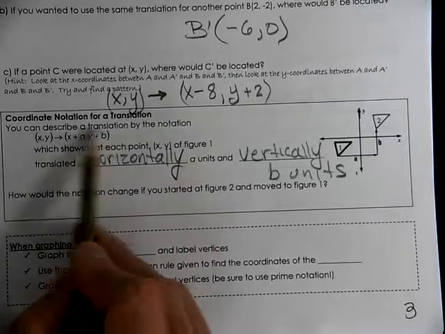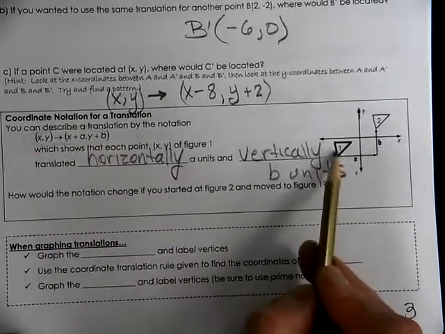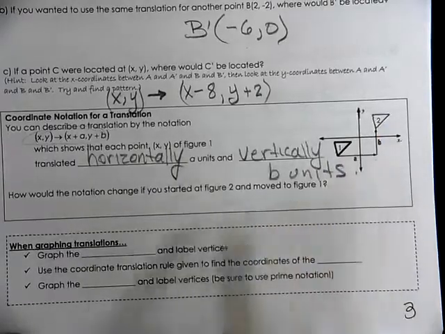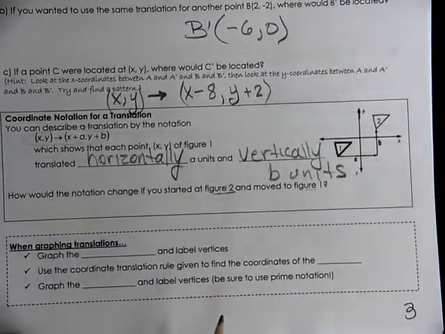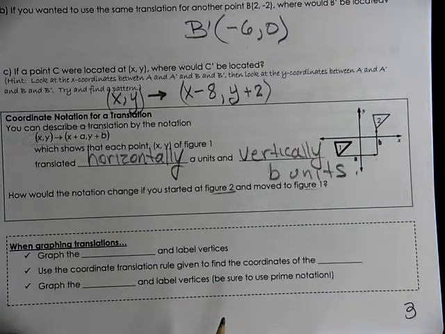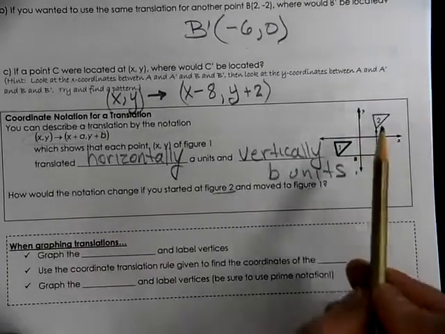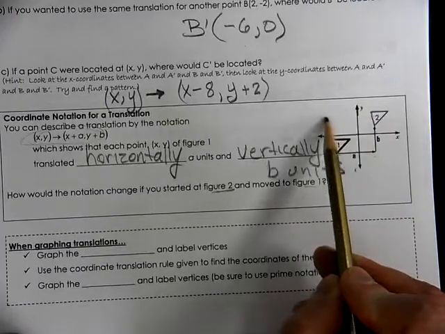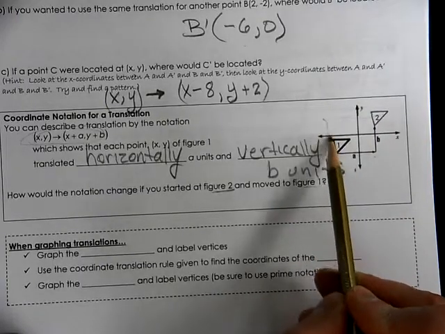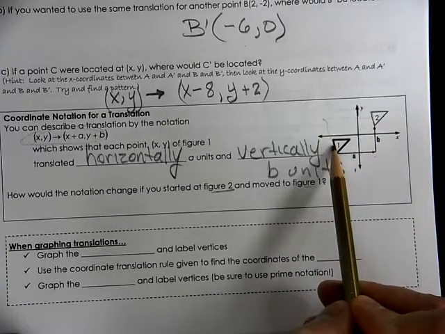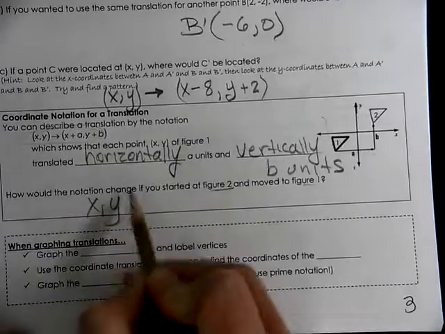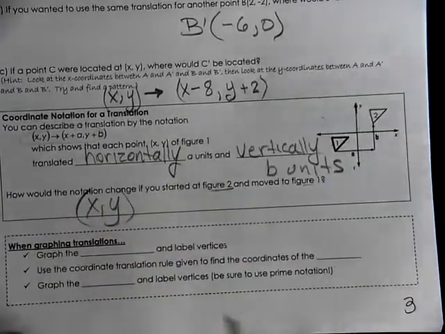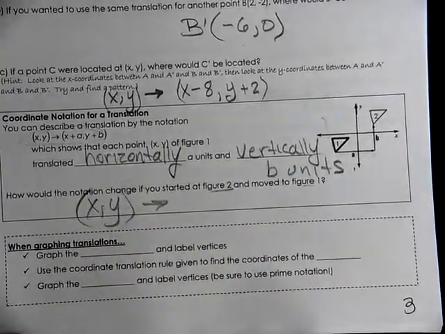If this here was the rule for going from 1 over to 2, what would we do if we moved from 2 over to 1? What's the rule to move from figure 2 over to figure 1? Every rule starts out with x comma y. Then we use our arrow.